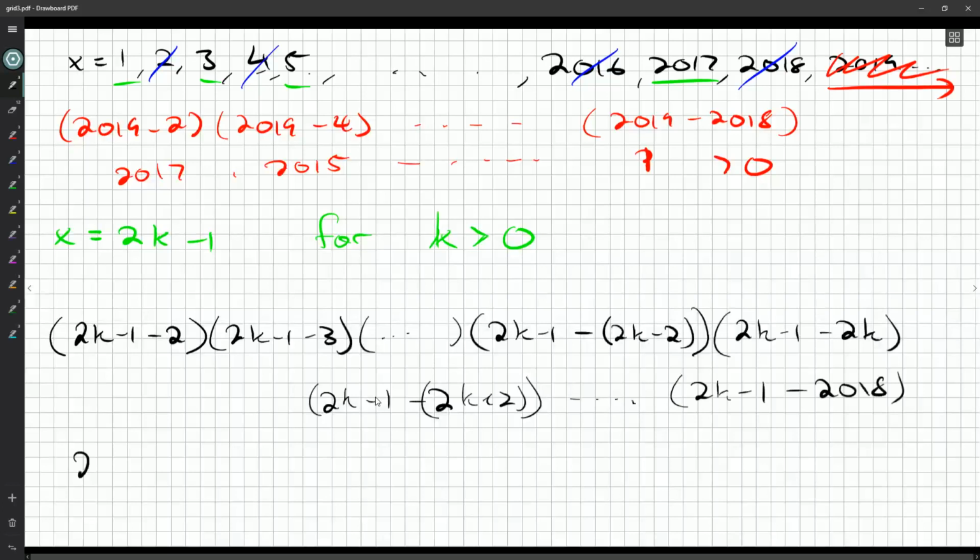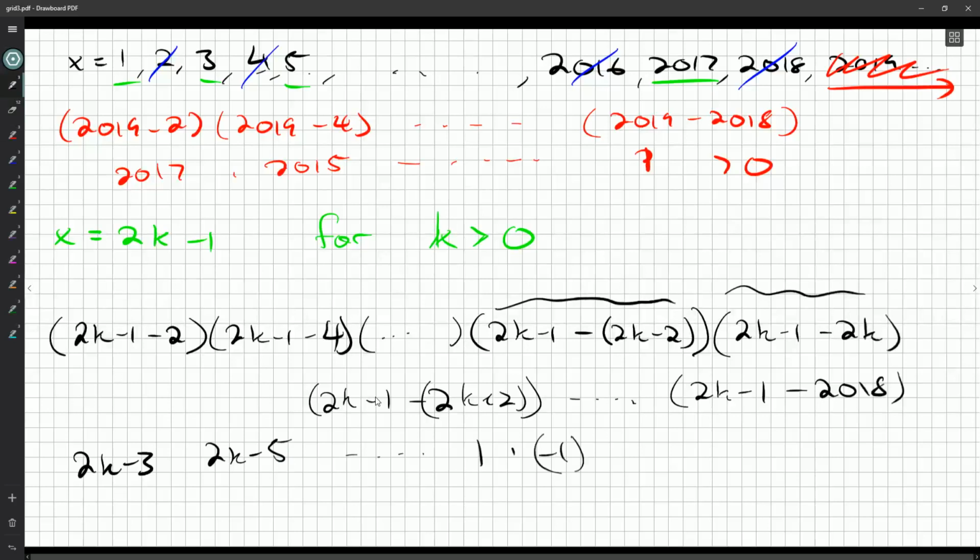Okay, because we'll get 2k minus 3 and 2k minus... Oh, this should be a 4. So 2k minus 5. All the way up to, so this one here turns into a 1, and then times negative 1.